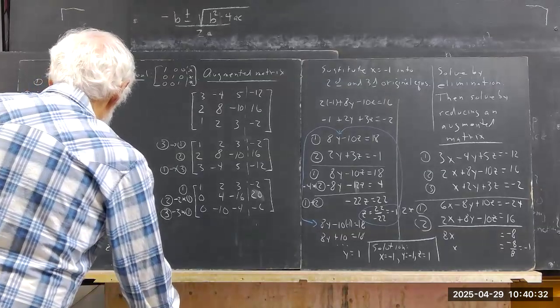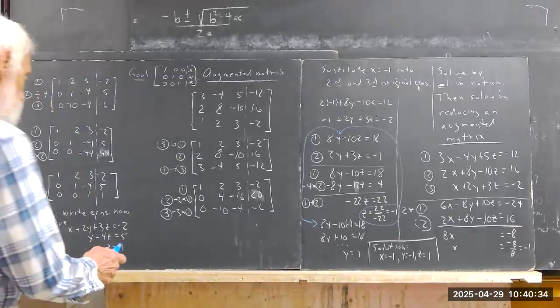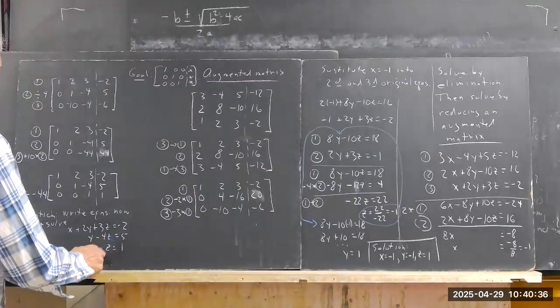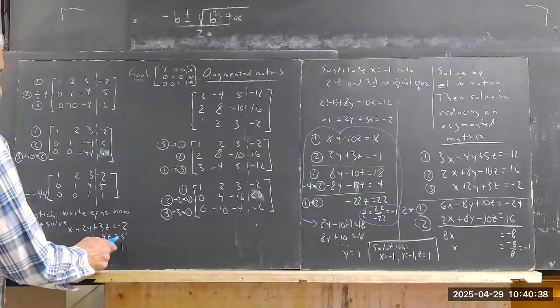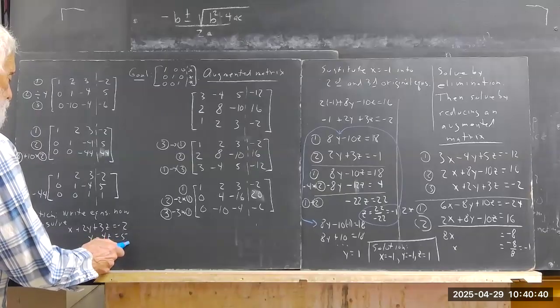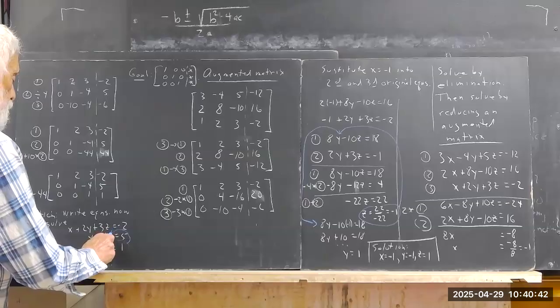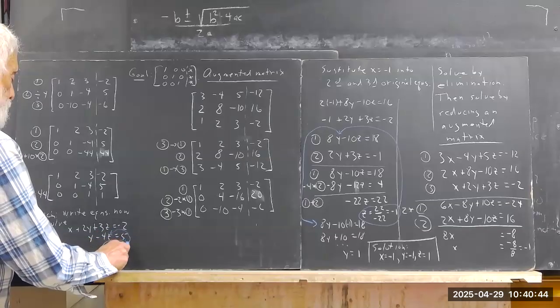Now it's going to be a little messy. It'd be better if I was working in columns, but try to keep it simple. I take z equals 1 and I plug it in to the equation right above it.